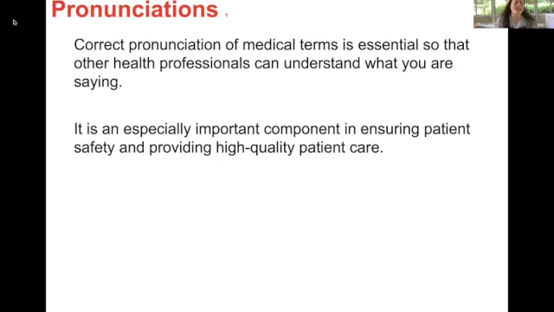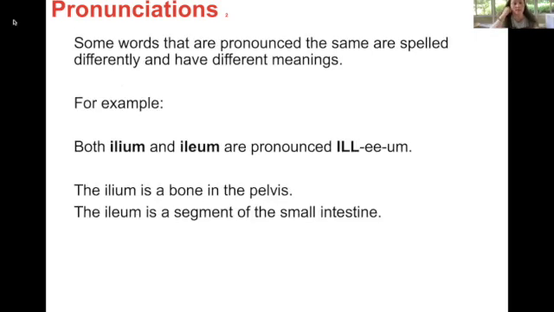So it is imperative that you not only know how to spell these words properly, but pronounce them properly, because you have to make sure you and whether it's the patient or another medical person that you're talking to are on the same page. So we have examples here. Ilium and ileum are both pronounced the same. However, notice the spelling. The I and the E changes, and that makes them totally different things.